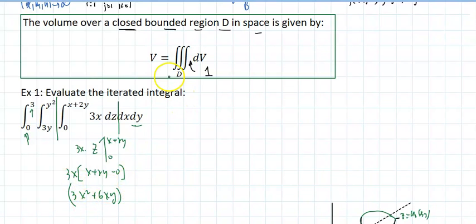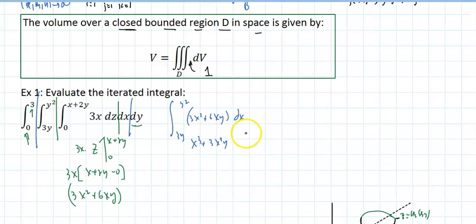Take this now and let's integrate it with respect to x. So I'm looking at the integral from 3y to y squared of 3x squared plus 6xy dx. As far as x is concerned, that's x cubed plus 3x squared y. Evaluate from x equal to 3y to y squared.